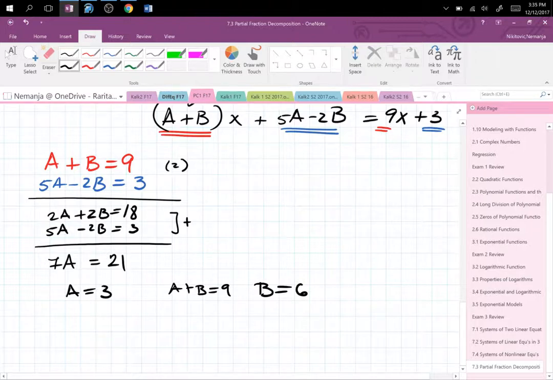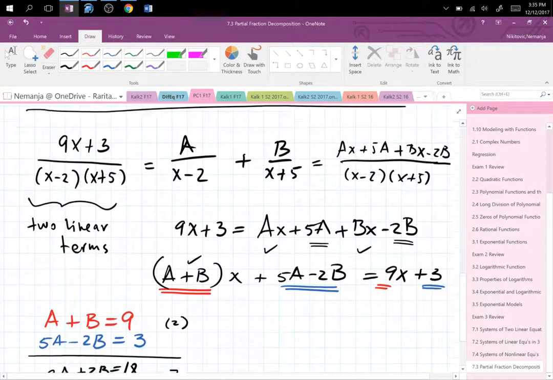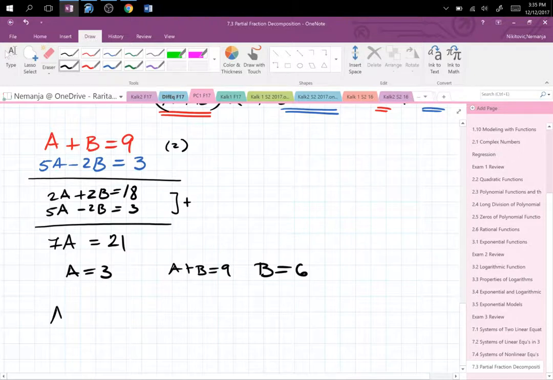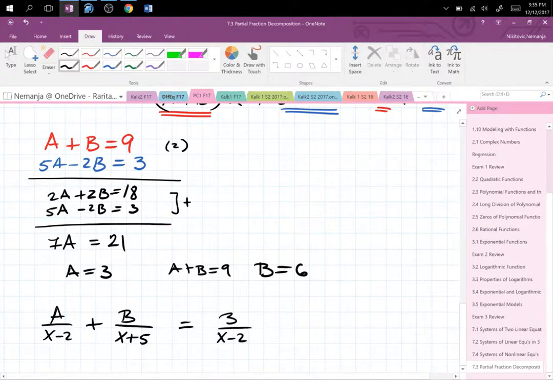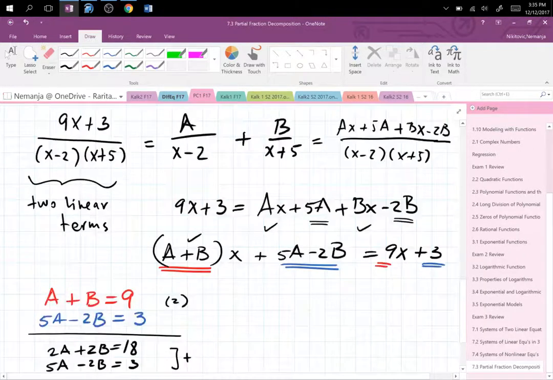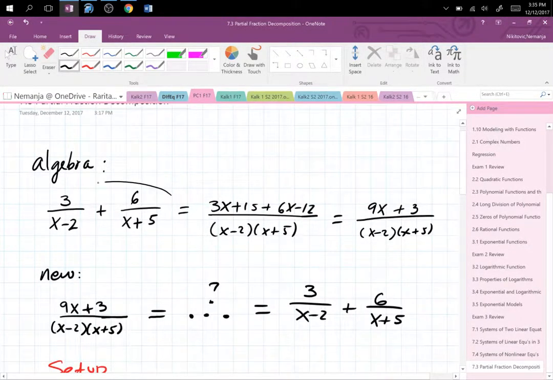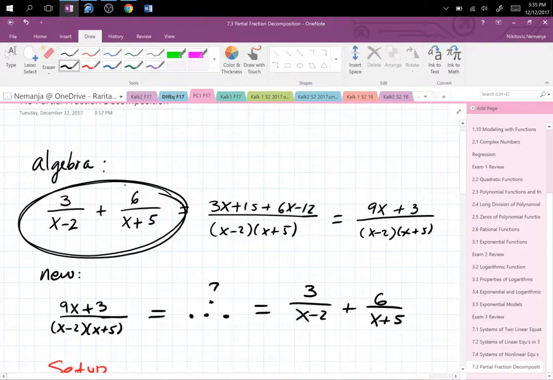And now you just plug those in, so a over x minus 2 plus b over x plus 5 is actually 3 over x minus 2 plus 6 over x plus 5. There it is.